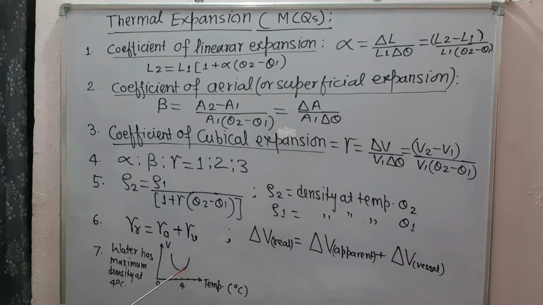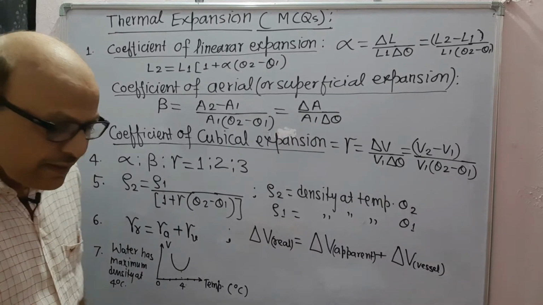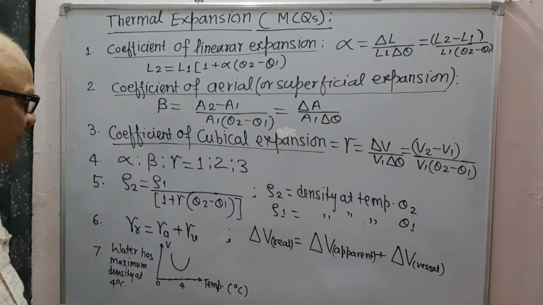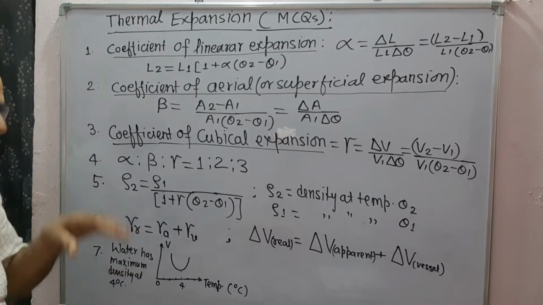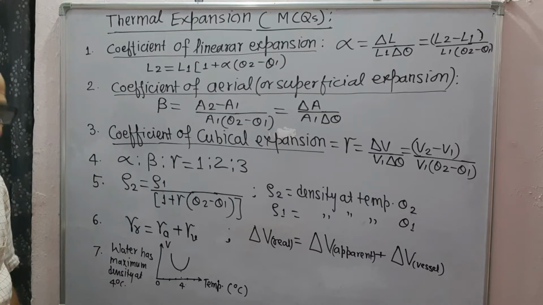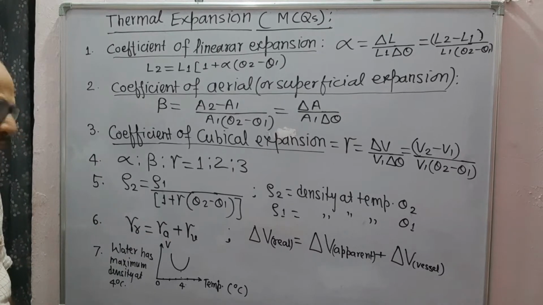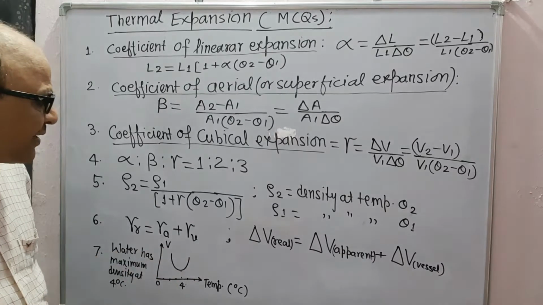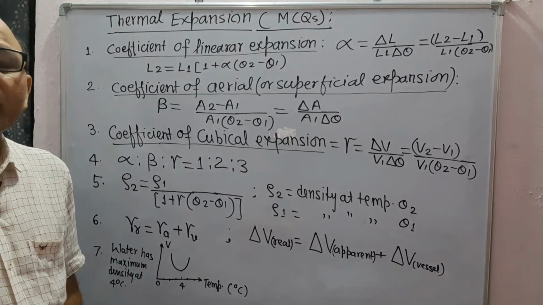Thus, the density of water is maximum and volume is minimum at 4 degrees Celsius. This anomalous expansion behavior of water helps the aquatic animals to easily survive in lakes or ponds whose upper surface is frozen.